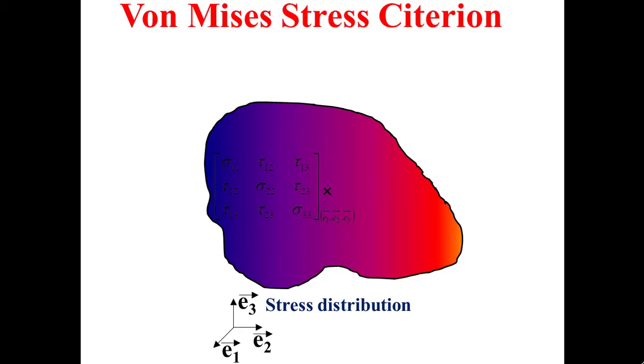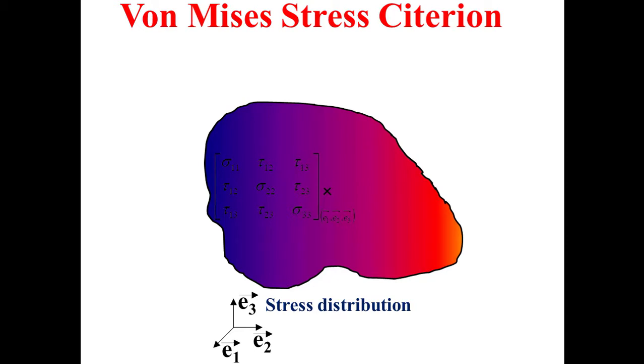We can use for example the criteria of Tresca or the criteria of Rankine, but when we talk about elastic body, it is judicious to use the von Mises stress criterion.